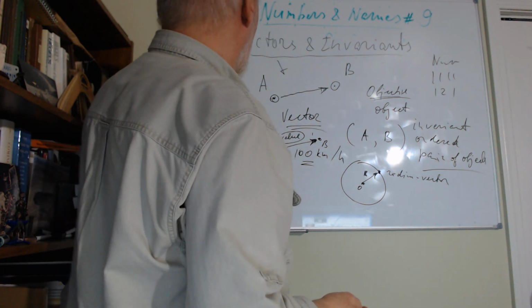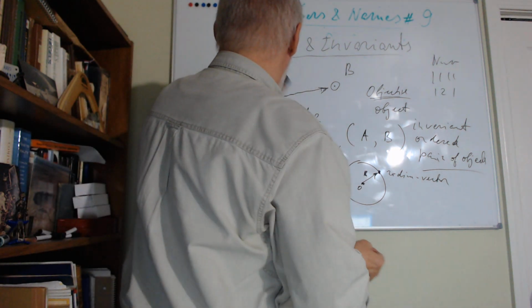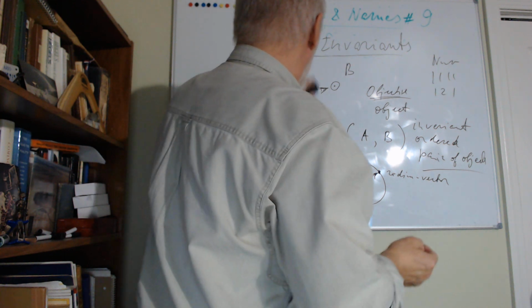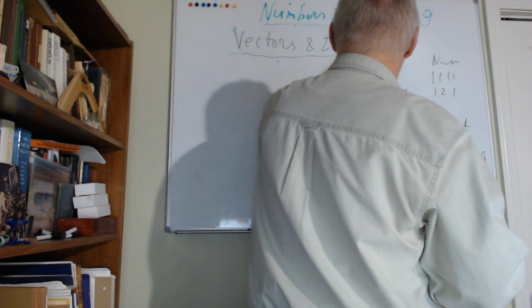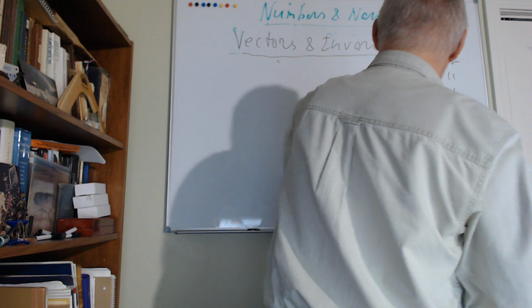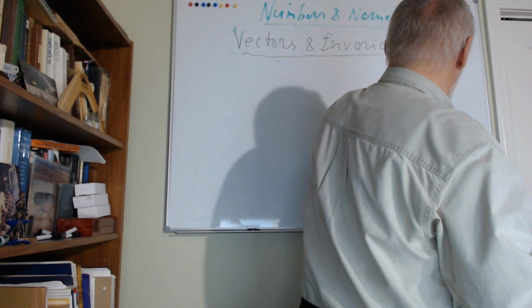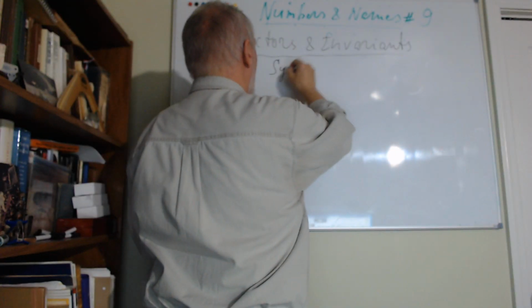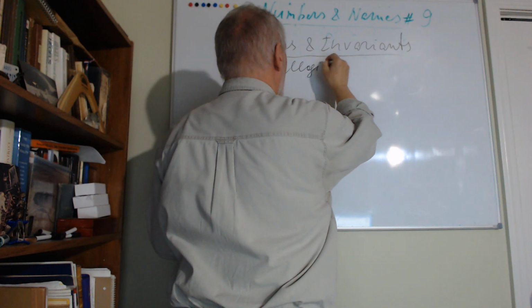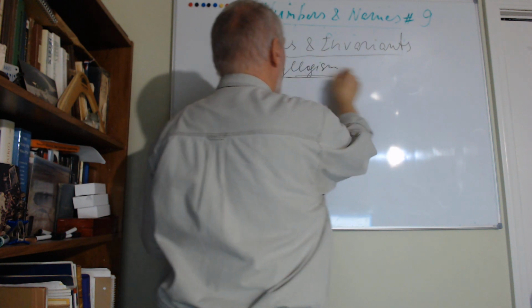The other interesting example of a vector which you should think about is something we spoke about in logic, which is called, believe it or not, syllogism. Syllogism is the main thing in logic.